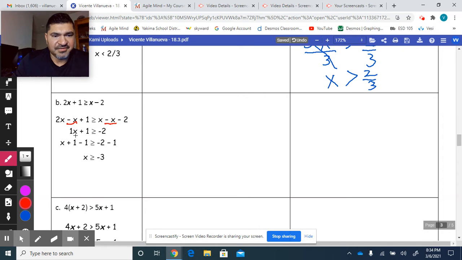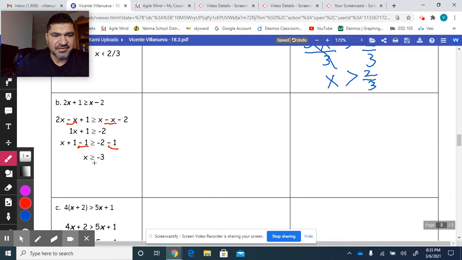Okay, 1 times x is just x, plus 1. And the next step that they're doing here is they're subtracting 1. So they're subtracting 1 on both sides. So 1 minus 1, well, that's 0 or nothing. So x plus 0 is x is greater than or equal to negative 2 and negative 1. That does make a negative 3.